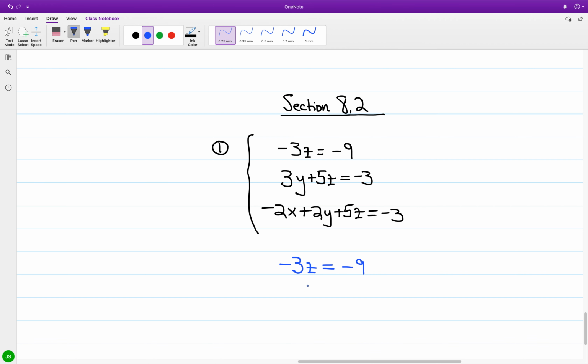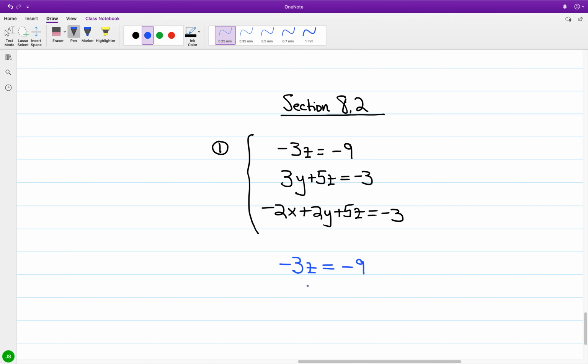So you have 3y plus 15 is equal to negative 3. As we deduct 15 from both sides, we will have 3y is equal to negative 18. And we have a division by 3. We're going to have that y is equal to negative 6.